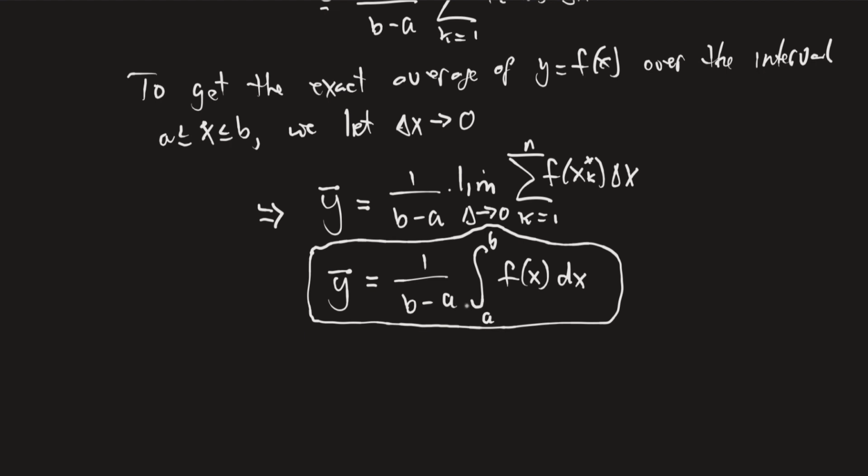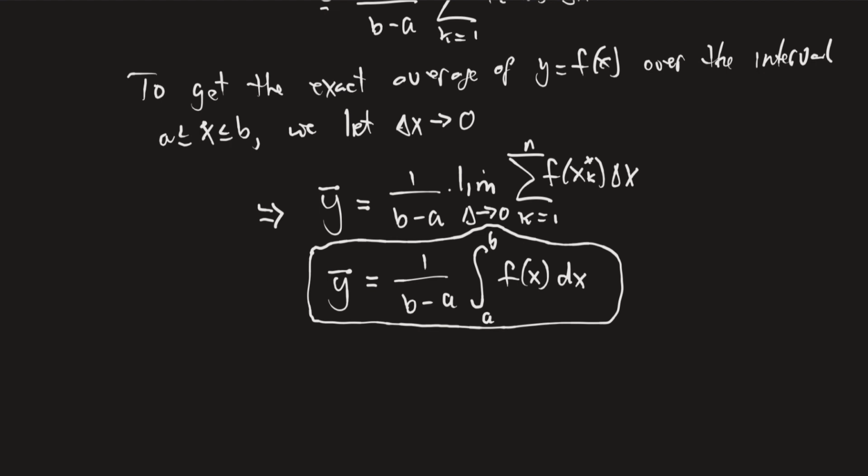It doesn't look much different from the formula for our net area. The net area is right here, right? And it's like we're just multiplying it by this constant.